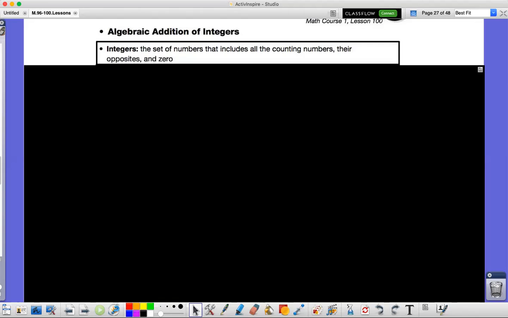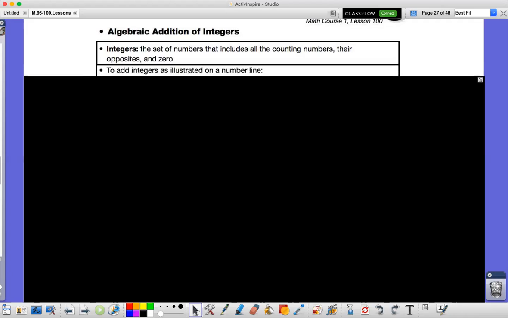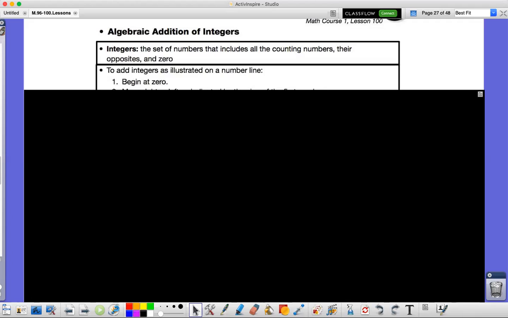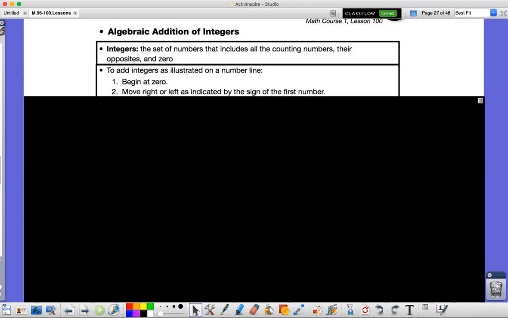It's going to be whole counting numbers, their opposites, and 0. So if you're at 1,200,000, the opposite of that would be -1,200,000.